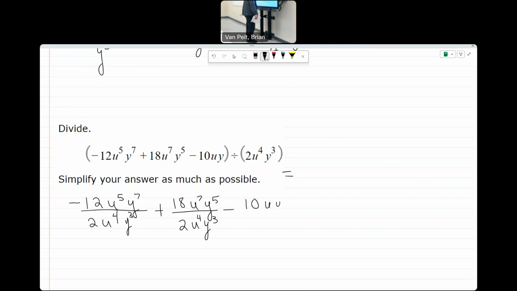I'll tell you one thing that I also do, as I'm writing it down, I'm already starting to simplify it in my head. But I'm not sure that's a great idea. Then you tend to write things incorrectly, you know? So, yeah, the only thing you had an issue on was the last one. So here, this would be a -6, u to the first, y to the fourth.